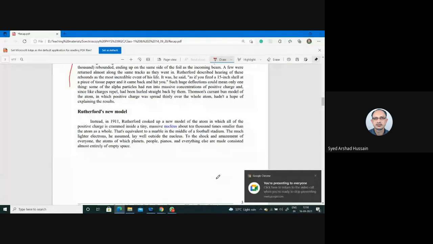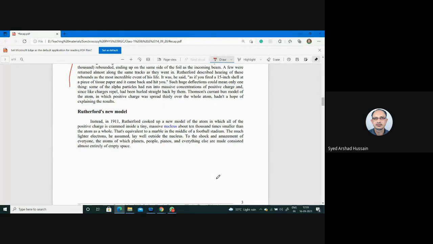if you compare in an atom, your whole positive charge is concentrated within a very small part, maybe 10,000 times smaller than the atom. That means most of the atom is empty.